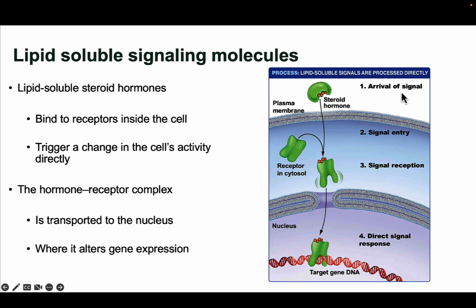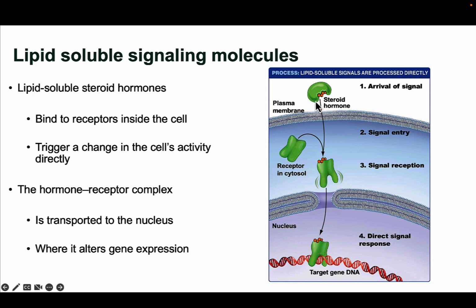So stage 1 is the arrival of the signal, and stage 2 is signal entry. This goes straight through the membrane, and it binds to a receptor in the cytosol. And when it does that, it causes the receptor to change shape. This is a really common theme in signaling, and we call this signal reception.